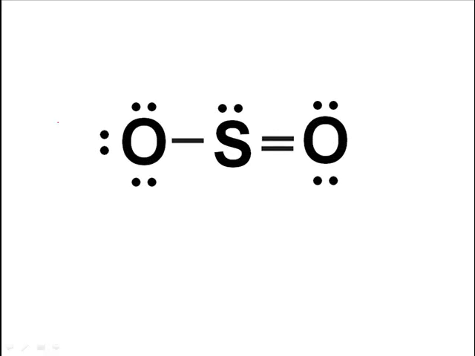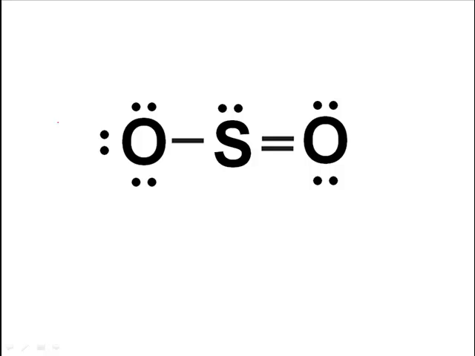Now, for something like this, we've got some basic shapes down. Now let's look at a Lewis dot structure of SO2. In SO2, how many electron domains do you see around the middle S? Try again. How many electron domains? There are 3 electron domains: 1 electron domain, 1 electron domain, 1 electron domain.